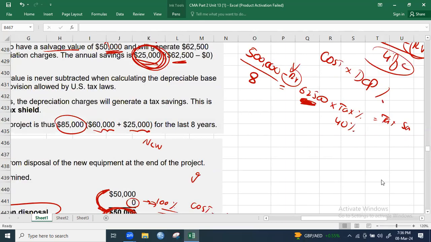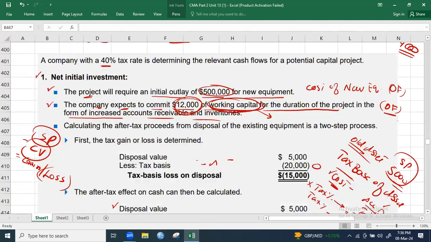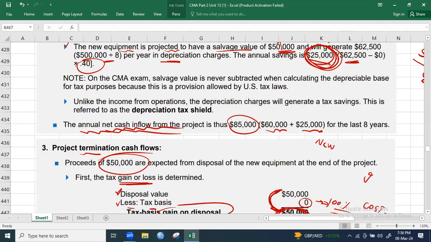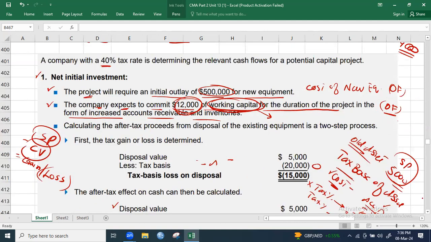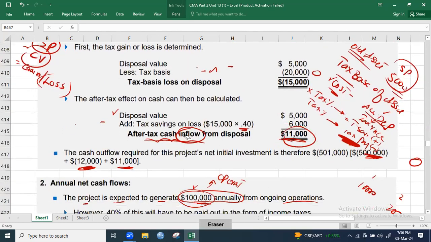And the operational cash flows with tax saving were 85,000, and the initial investment was 501,000, and let's assume the project has an 8 year life.